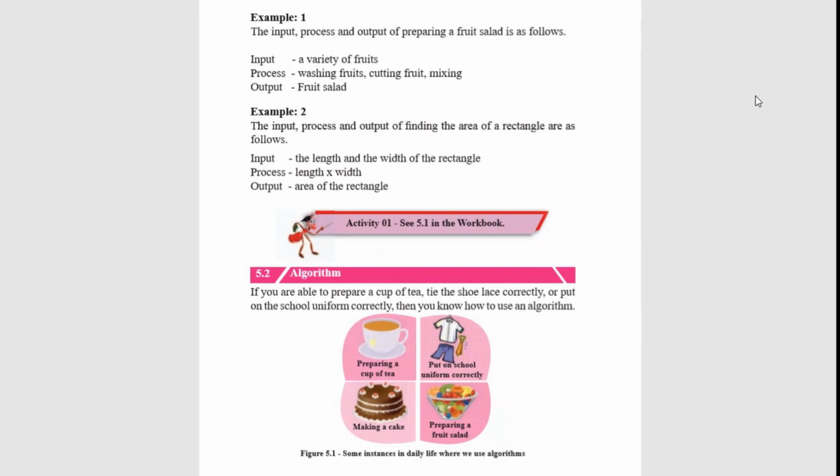The output you get is the area of the rectangle. Hope you understood the basic thing. If they ask you to find inputs, process and output to solve a problem, you should see what the problem is, how we are going to solve it, and what process you have to follow.